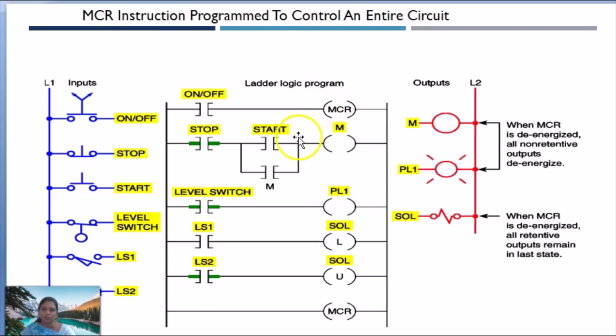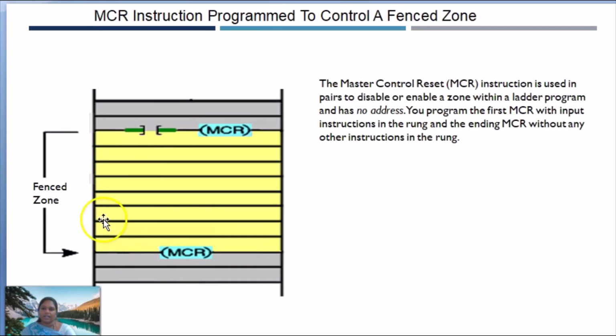Only once this is on will everything turn on, and this is the end MCR run. So within this supervision only, these runs will be working. This is the sample circuit for an MCR instruction, showing how to control the entire circuit. And this is the MCR fenced zone. We call it the fenced zone.